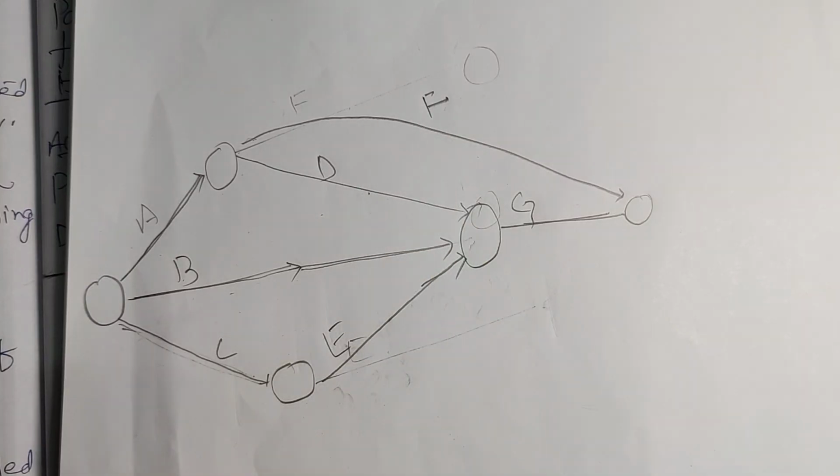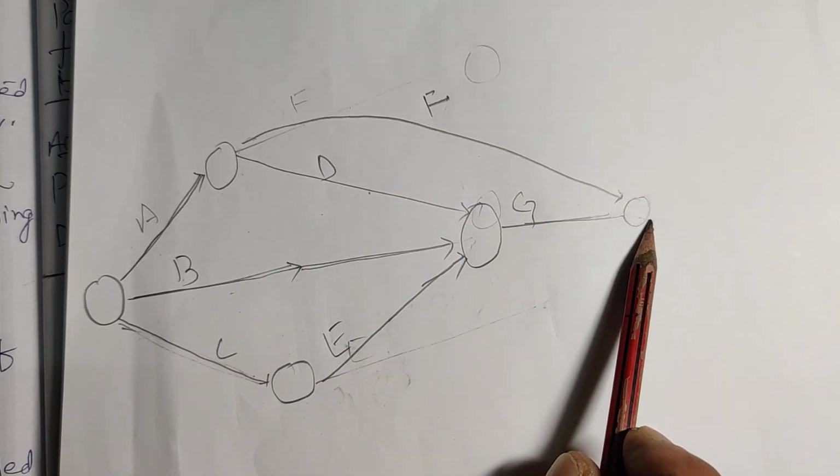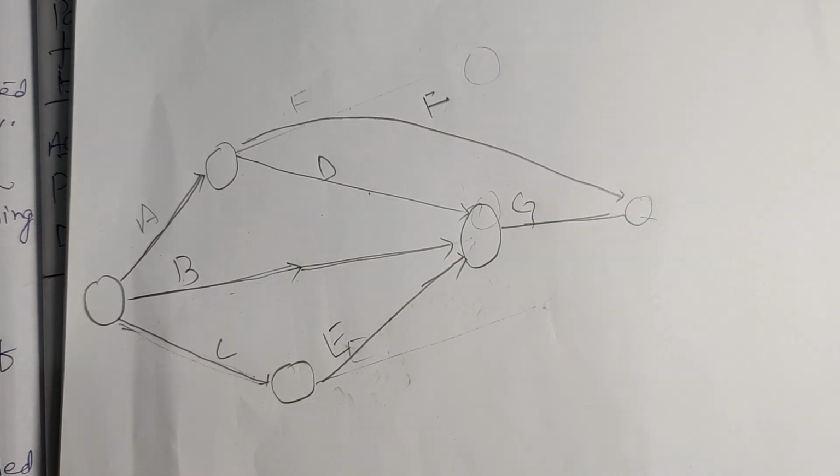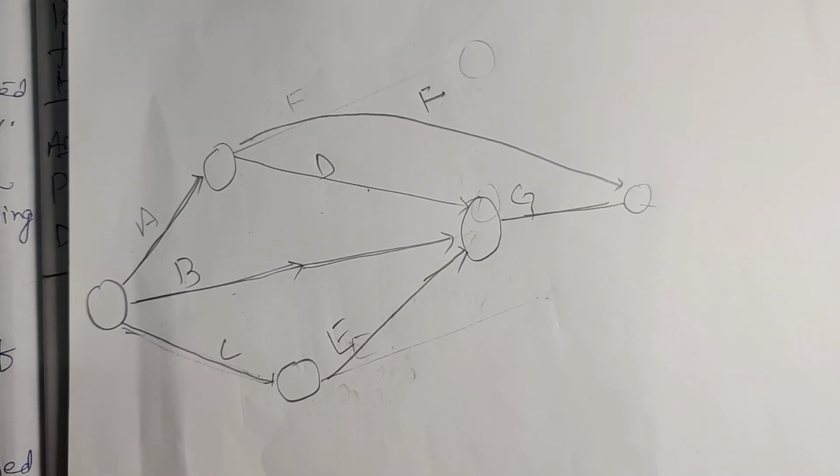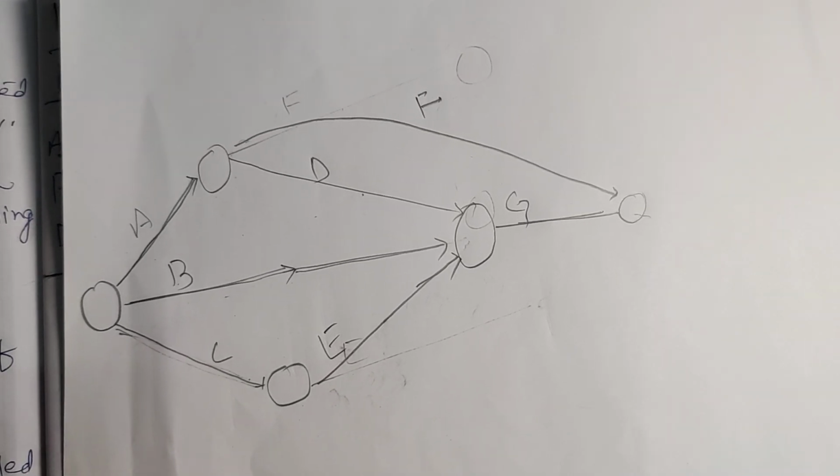After this activity F, there is no other activity to do. Therefore, activity F is merged at the terminal node. So, here all the conditions of the network are satisfied.